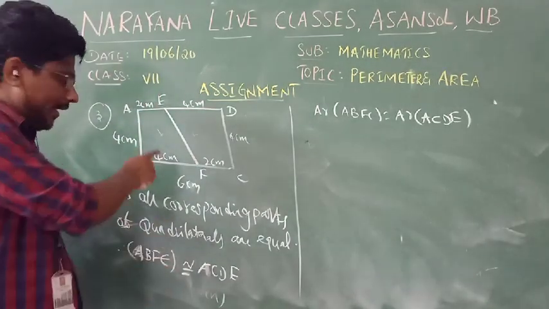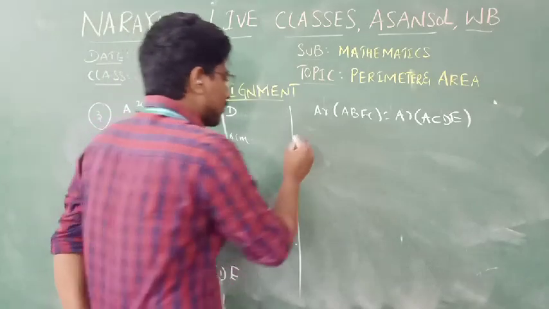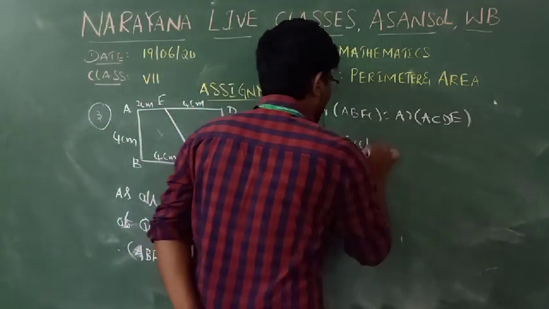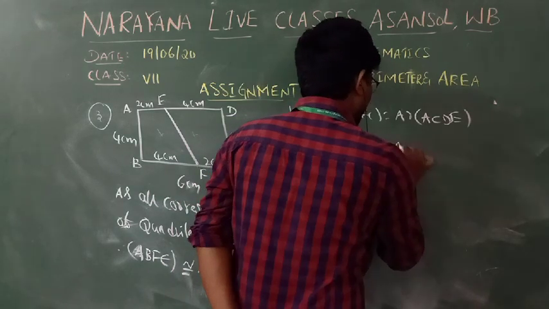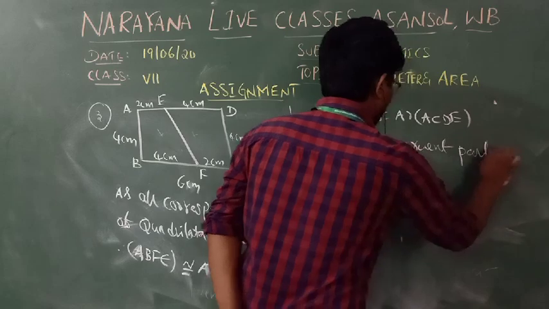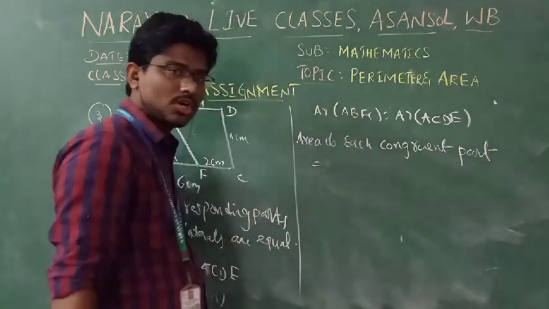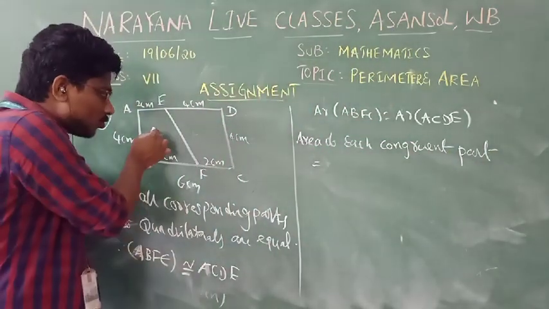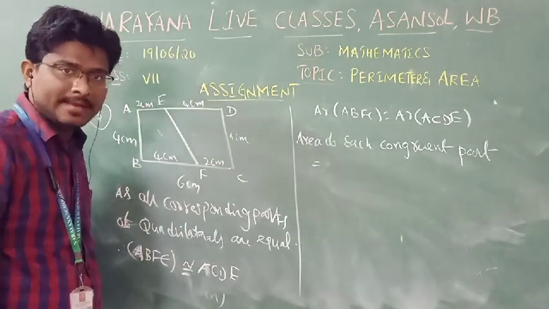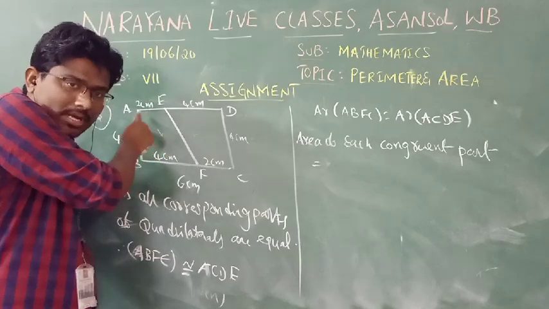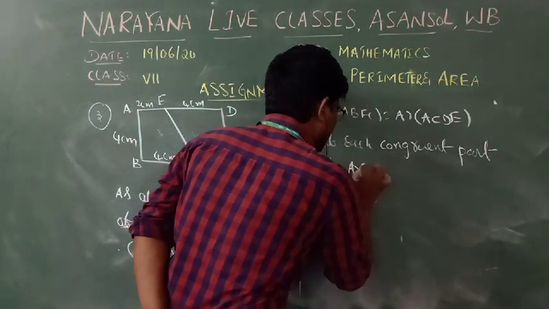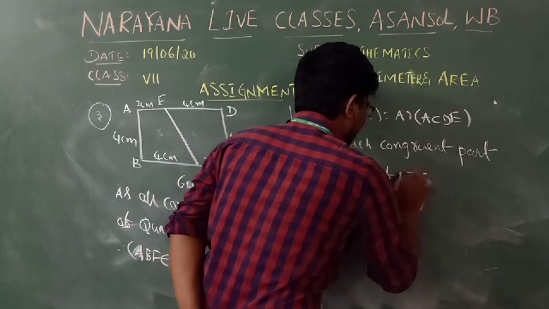We need to find the area of each congruent part. The area of each congruent part, these two being the equal parts, is half of the area of the rectangle.